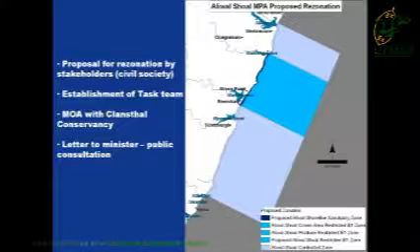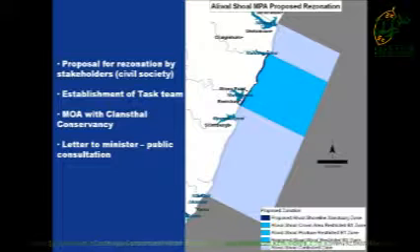This proposal, as I said, was put forward by the stakeholders, which was the Clansthal community, and they are obviously members of civil society, and they had to follow the steps in that guideline document to try and develop this proposal. Thus far, they've established a task team, which has now been endorsed by Ezemvelo. We're currently putting together an MOA with the Clansthal Conservancy to allow them to actually put this proposal together.